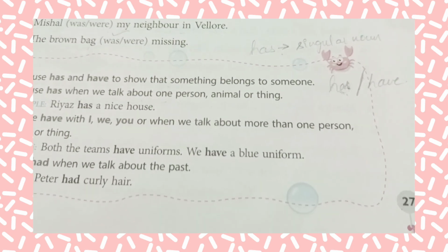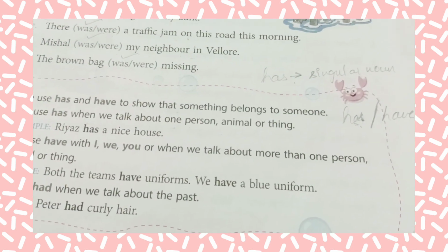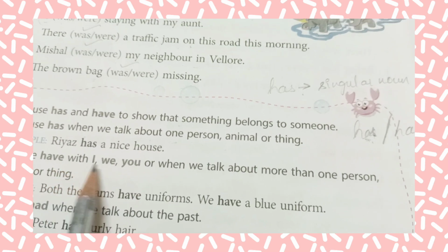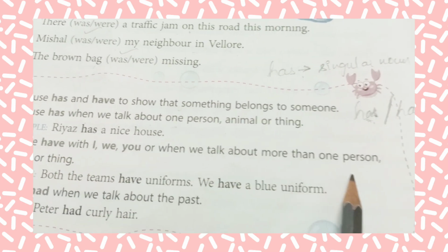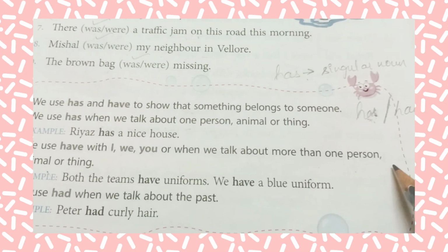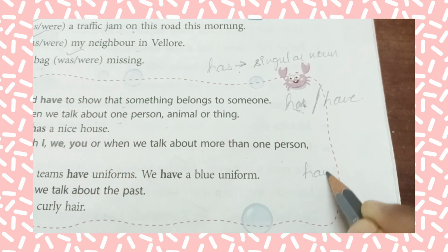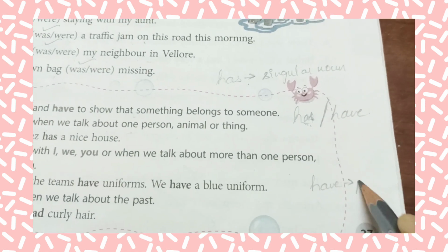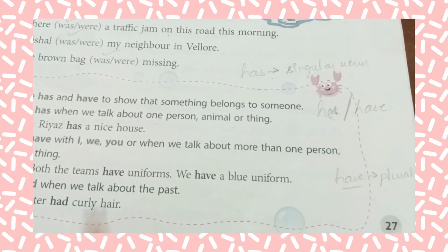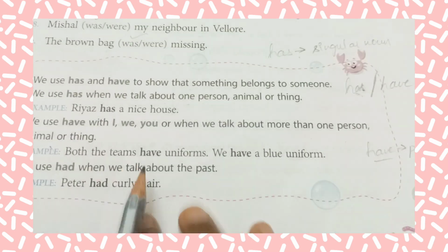If it is plural, we use have. That means we talk about more than one person, animal or thing. If the noun is plural, we use have. Let us see and observe here.